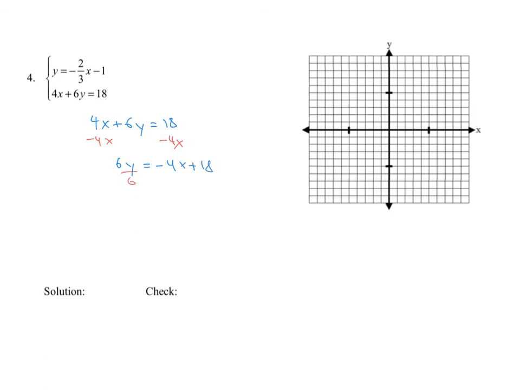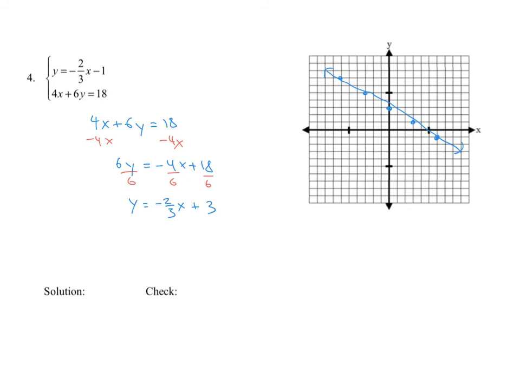Divide both sides by 6. y equals -2/3 x plus 3, I'm reducing 4 over 6. And so I graph that line. We have a y-intercept at 3, a slope of -2/3, down 2, right 3, down 2, right 3, or up 2, left 3. And there are some points on that line.